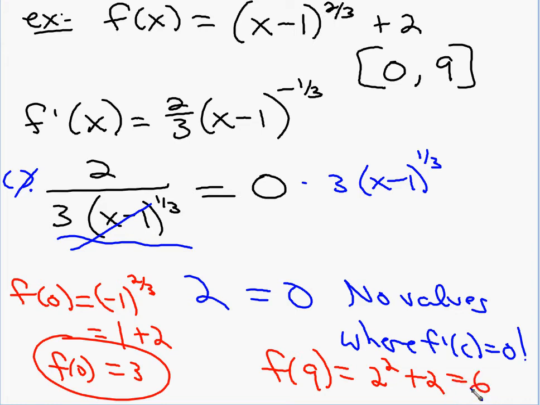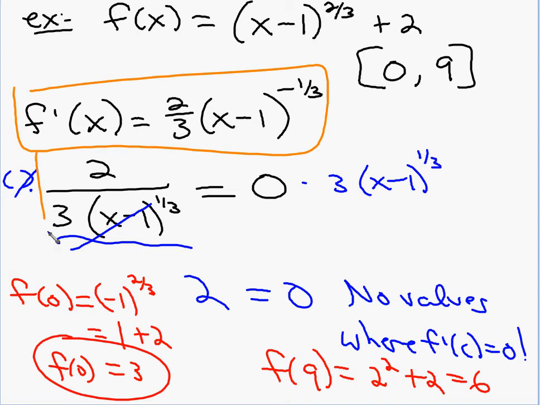But there's one other thing that we have not done yet. There is another critical point. And when we are looking for critical points, we are not just looking for where the value of the derivative is equal to 0. We are also looking for a place where the derivative might not exist. Here is my derivative.